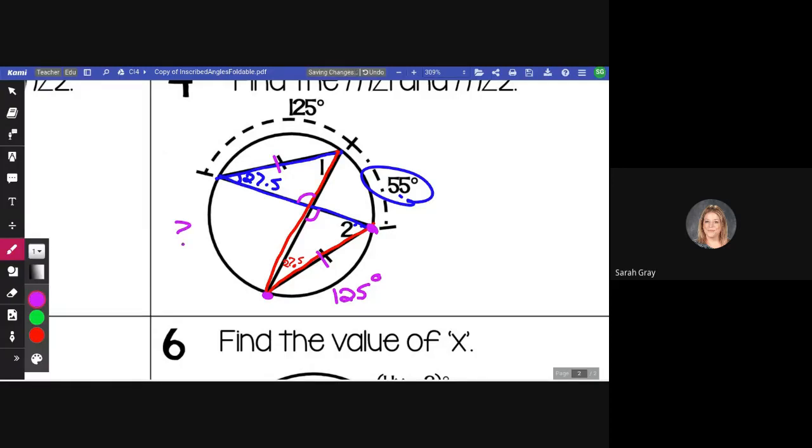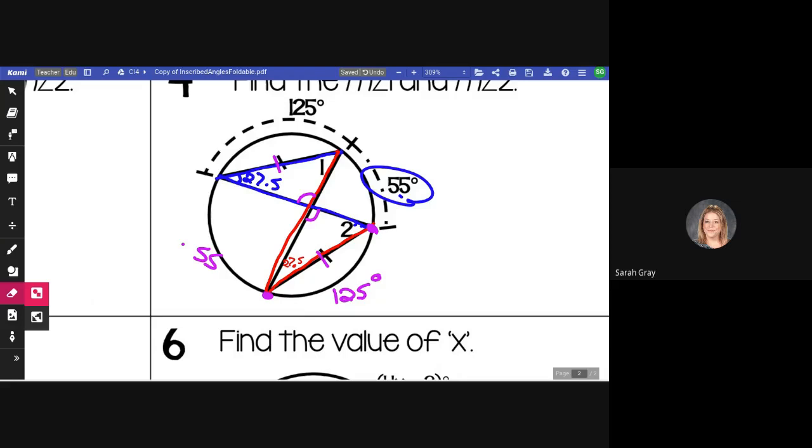How do we find it? We got 360 minus all those other arcs. 360 minus 125 minus 125 minus 55. I got 55.